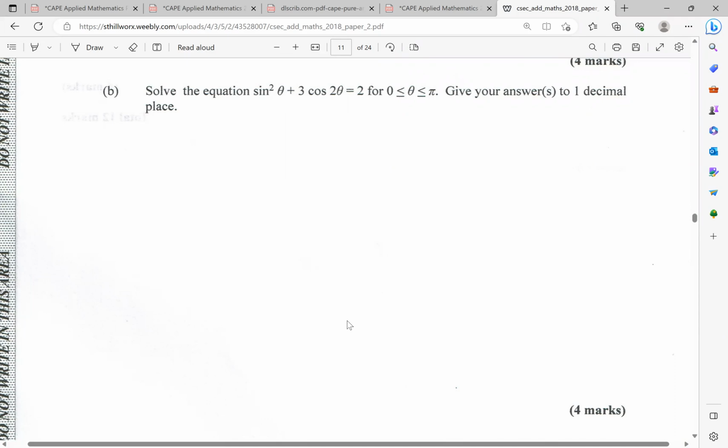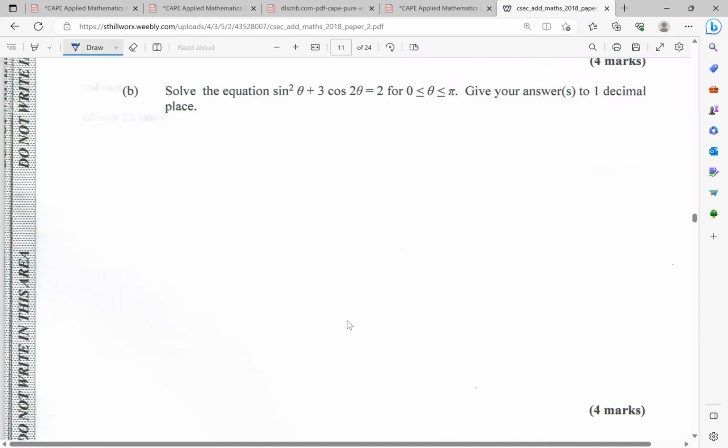Also pay attention to that range, yeah? So we're dealing with sine squared. Could we change sine squared in terms of cos 2 theta? No. Could we change cos 2 theta in terms of sine squared? Yes. So we get sine squared theta plus 3 into 1 minus 2 sine squared theta is 2.